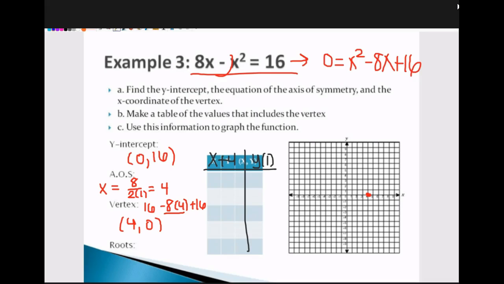And k is 0. The only reason I extended our table a little bit from before is because now sometimes the roots are a little bit higher. So you just need your table to make sure you see the roots.